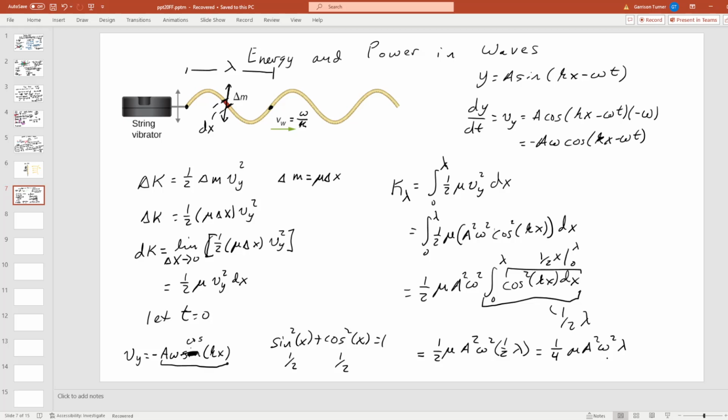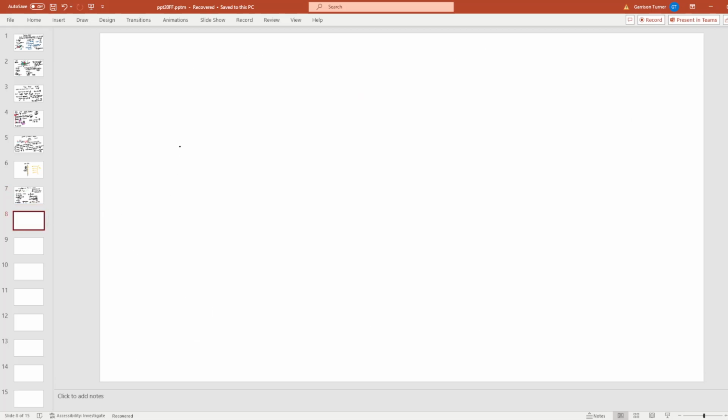You can go through the same process for the potential energy. But the bottom line is that the potential energy over the same wavelength gives you the same result, 1/4.